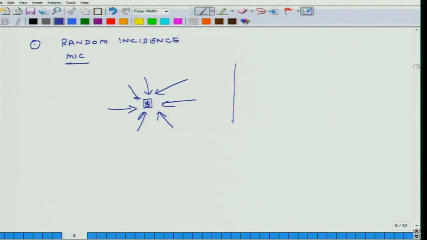So, in that case, I use this random incidence mic. Its directivity characteristics have to be more or less omnidirectional, because otherwise I will not be able to capture sound with the same sensitivity which is coming from all the directions. This is also known as a diffuse field mic.